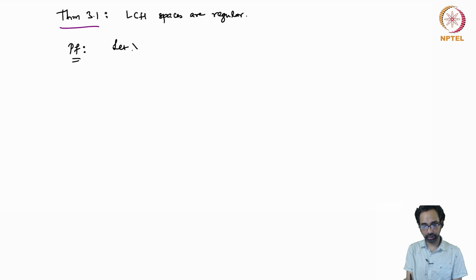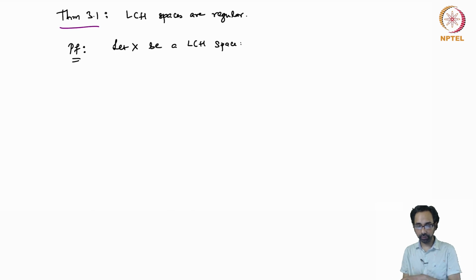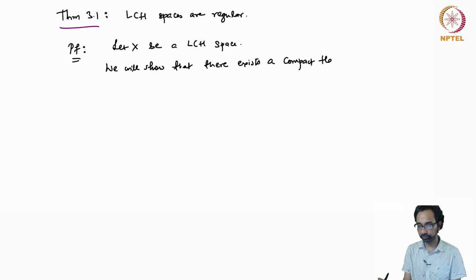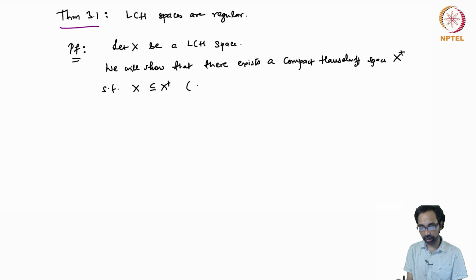So let X be a locally compact Hausdorff space, and what we will do is we will show that there exists a compact Hausdorff space, let me call it X plus, such that X is a subset of X plus and is an open and dense subset.